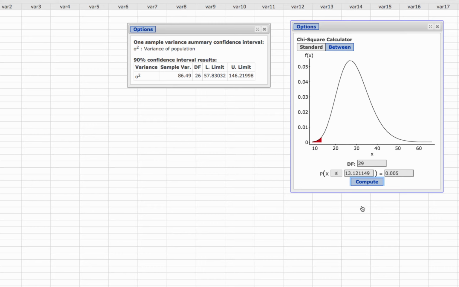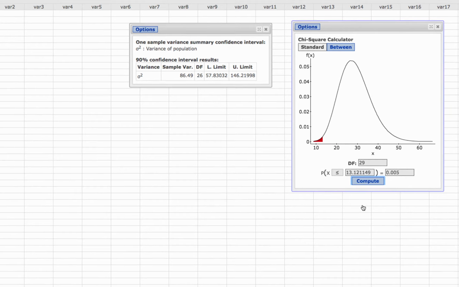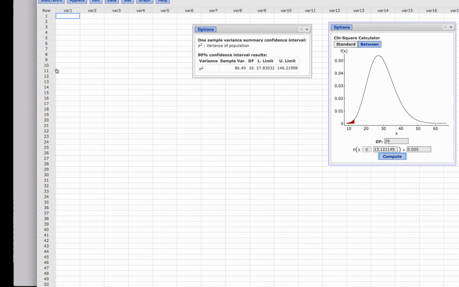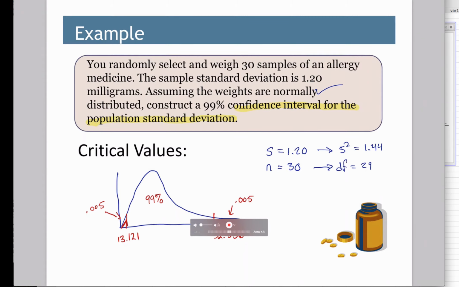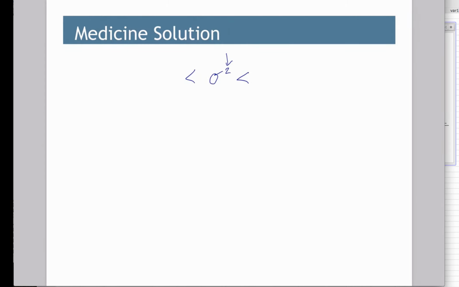So let's go ahead and type our values into StatCrunch. There we go. So those were my critical values. And the interval I'm going to get from StatCrunch is for variance, which is sigma squared, right? So, forgot to flip my screen back. So here we go.